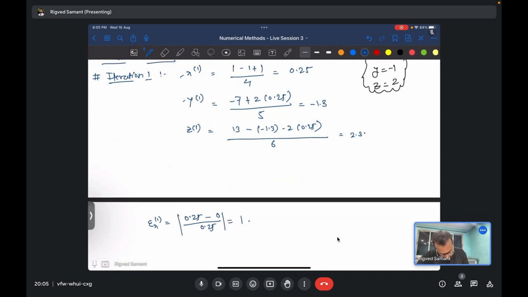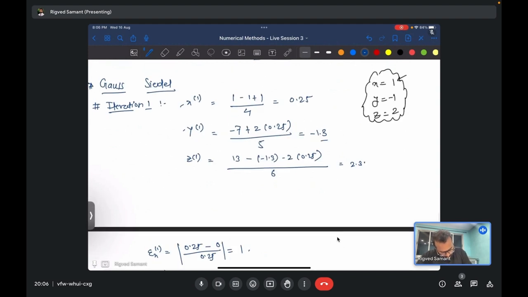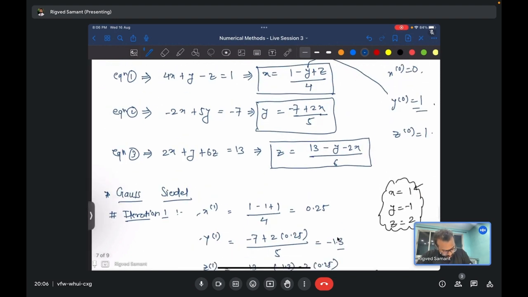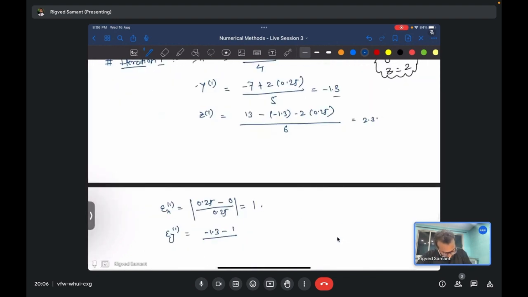Absolute of this. Epsilon y of 1, what is the value? 1 minus 1.3, the previous value, divided by the current value. That is 1.769.